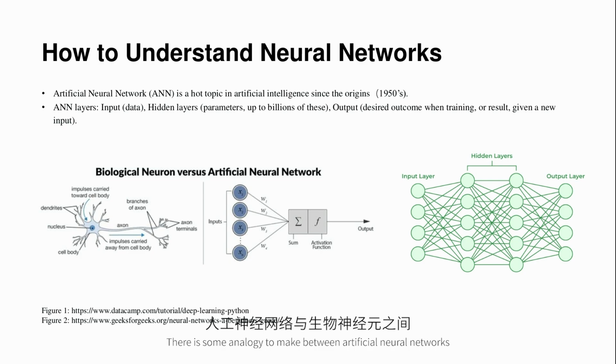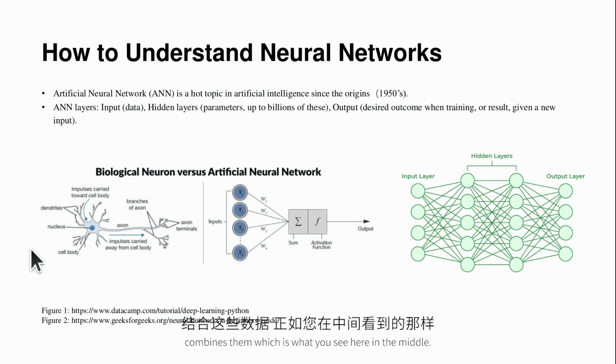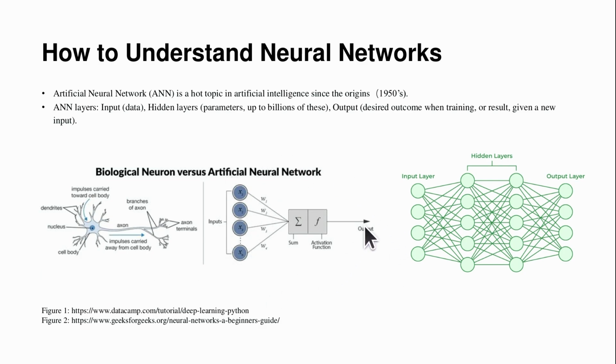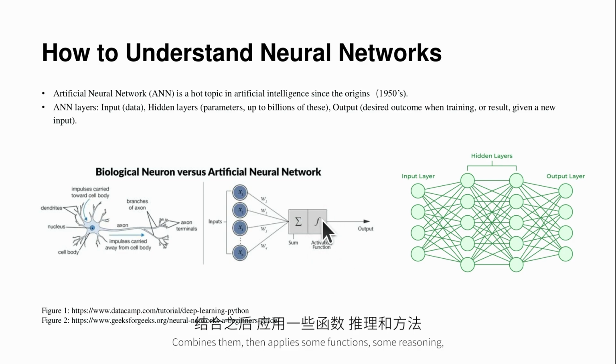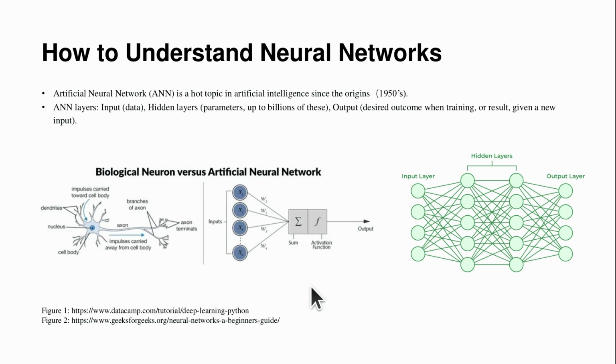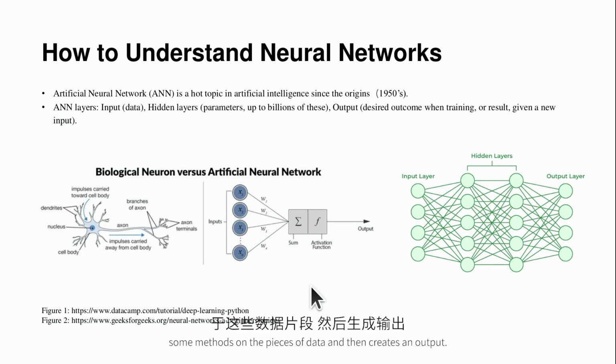There is some analogy to make between artificial neural networks and biological neurons. The initial idea of an artificial neural network is essentially a system that takes many pieces of data, analyzes them, does some computation, combines them, which is what you see here in the middle, then applies some function, some reasoning, some methods on the pieces of data, and then creates an output.